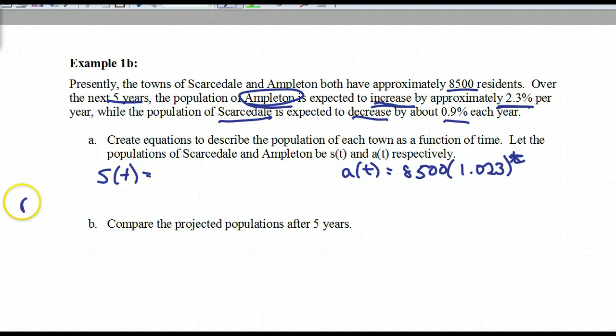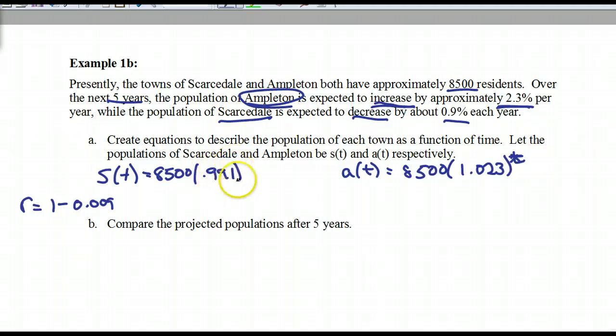So for that rate, we're going to take 1 minus 0.009, because 0.9% in decimal form is 0.009. So this will be 0.991 to the t. Okay?